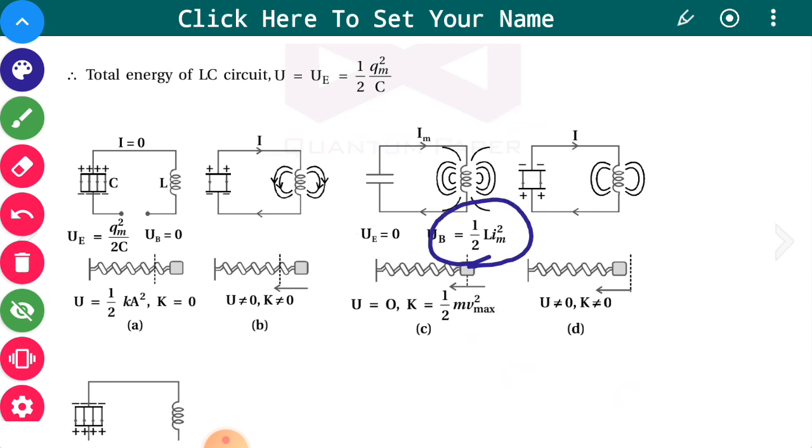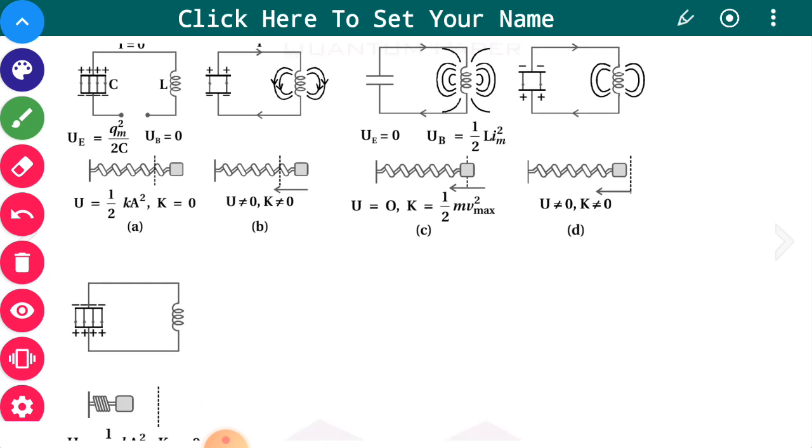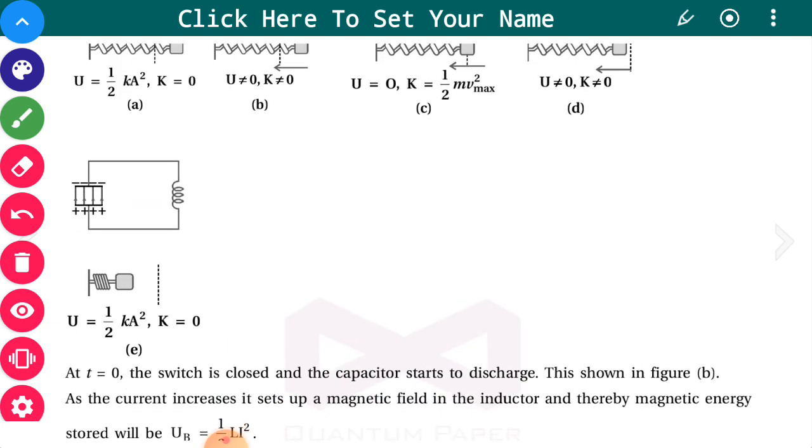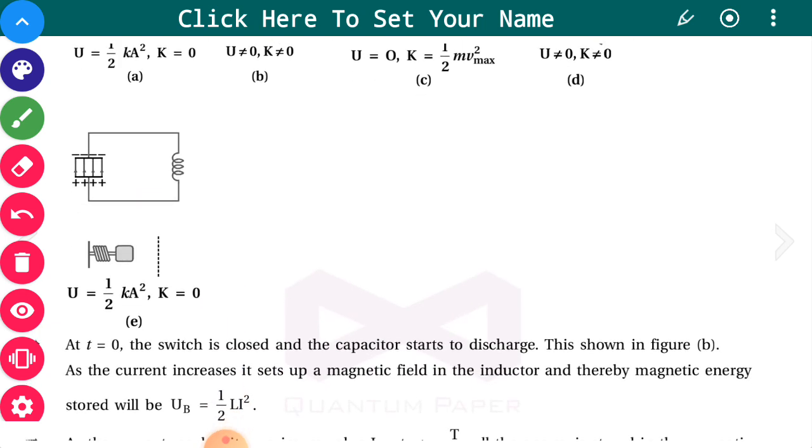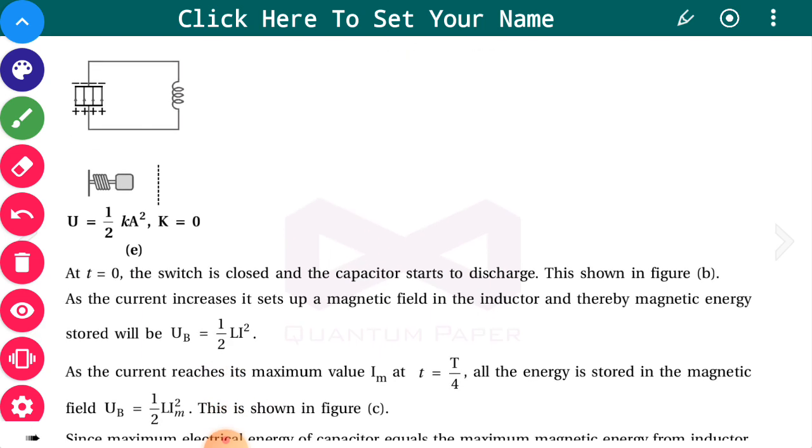Okay, then the reverse process takes place again. So this process continues. Again the energy will be associated with the capacitor, again the energy associated with the inductor, and this process goes on. We can say energy associated with the capacitor is converted into energy associated with the inductor in the magnetic field.